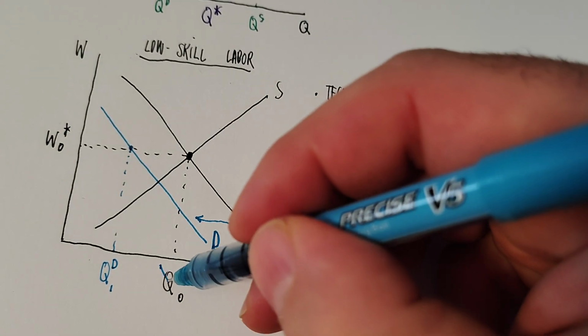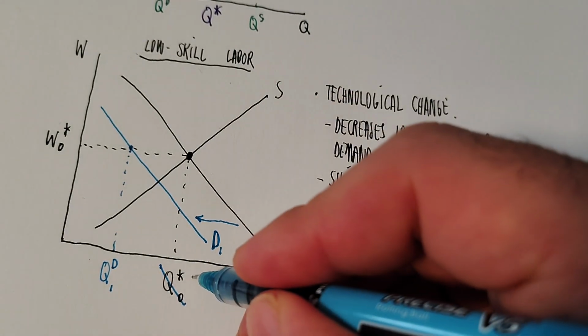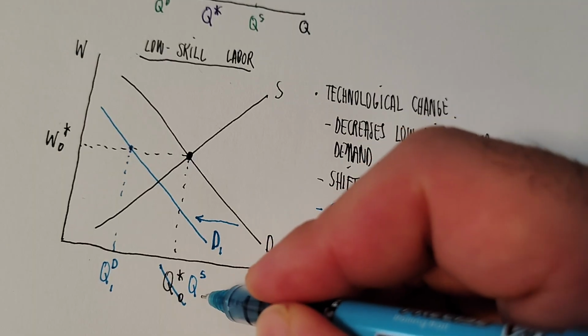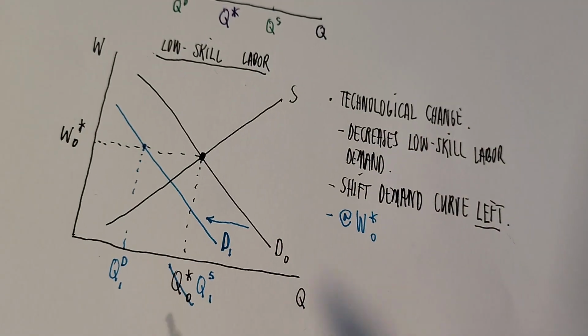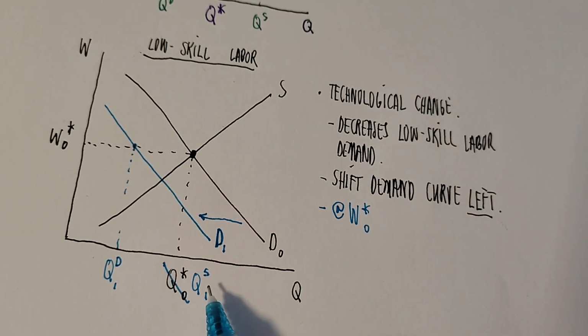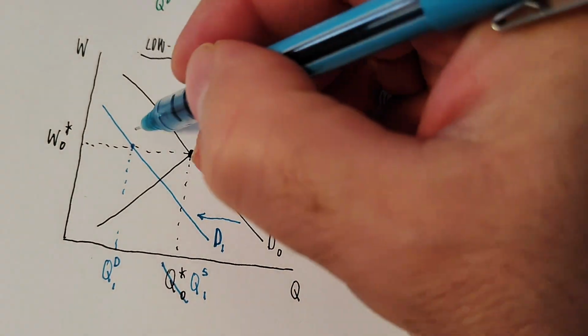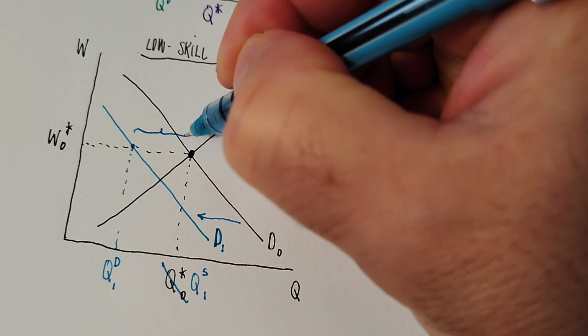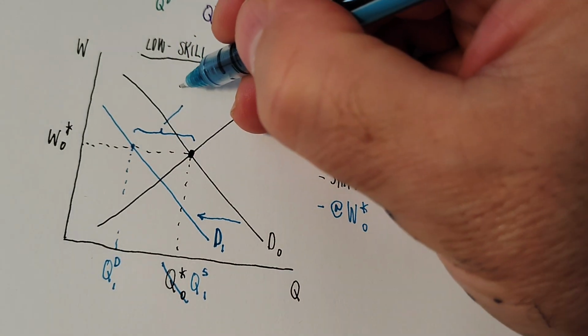And this is no longer Q star. It is the quantity of labor supplied in time period 1. And now you can see once again, just like the panel that we just did, the quantity supplied is greater than the quantity demanded. We once again have a surplus. That's a surplus there.